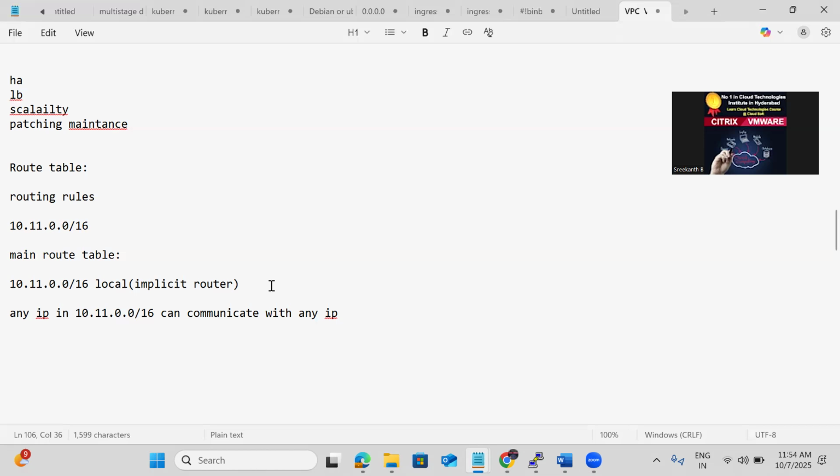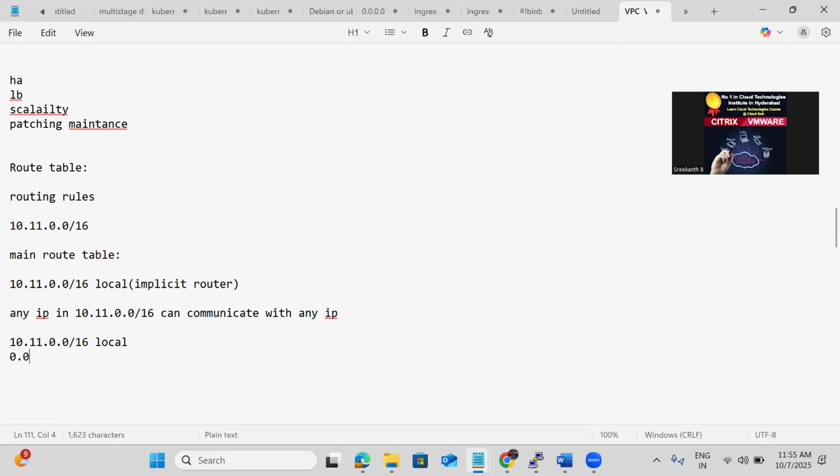Within that VPC, by default we are getting an implicit router, and using that, any IP within the VPC is going to communicate. Try to understand what this rule is. Local means an implicit router is coming.